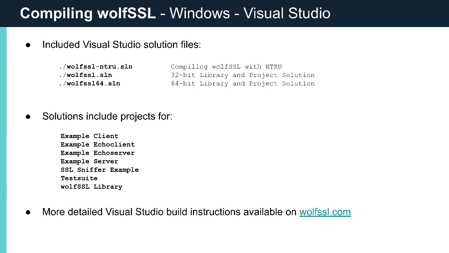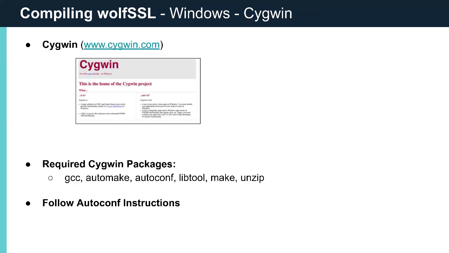We've got a wolfssl solution for a 32-bit library and project, and a 64-bit library and project solution as well. Those solutions include a number of projects for our examples: client, server, echo client, echo server, sniffer, test suite, and the library proper. If you want some more details on Visual Studio, we've got a walkthrough available on our website, which has some screenshots and some more details there.